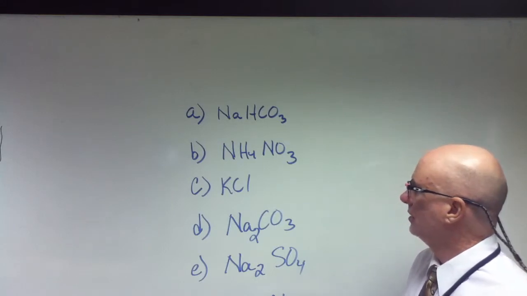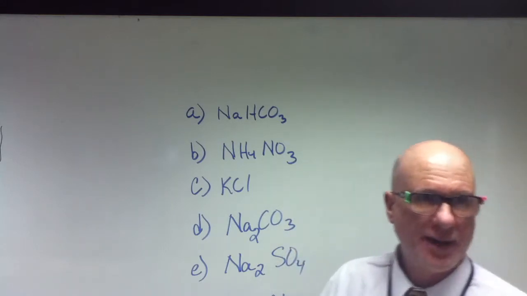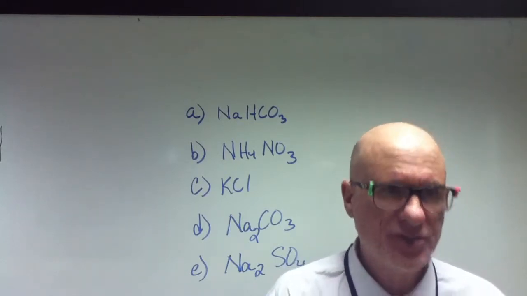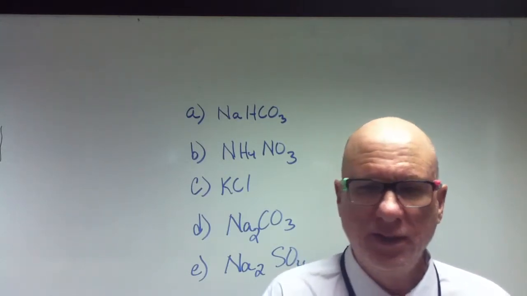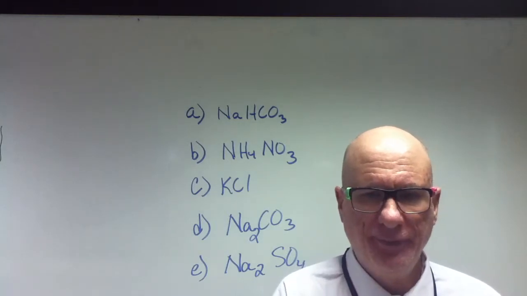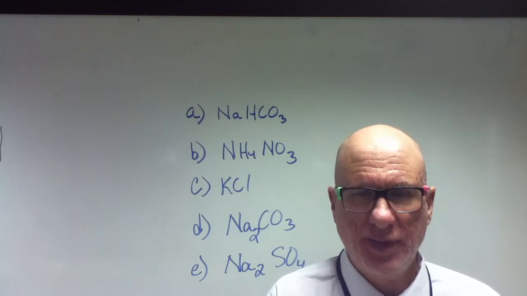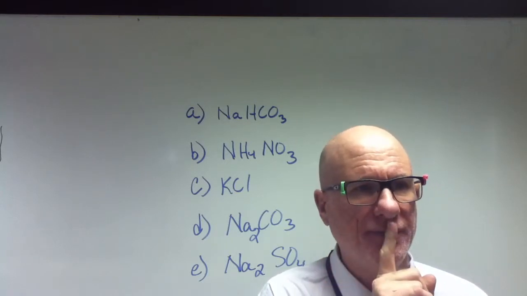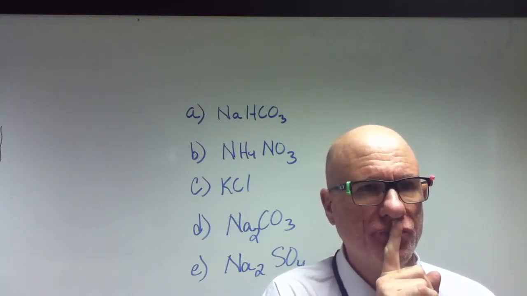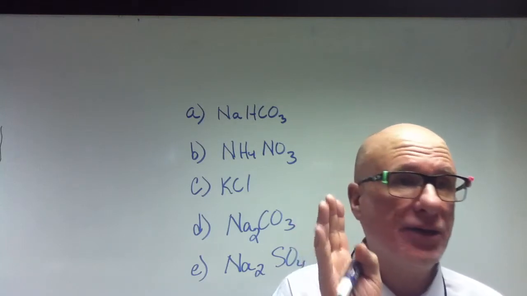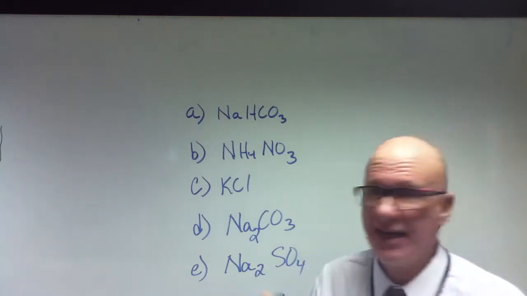Ammonium chloride, ammonium nitrate. All right? So far, so good? Now, this is the deal. If the salt, how many components does the salt have? 2, yeah. A positive and a negative.